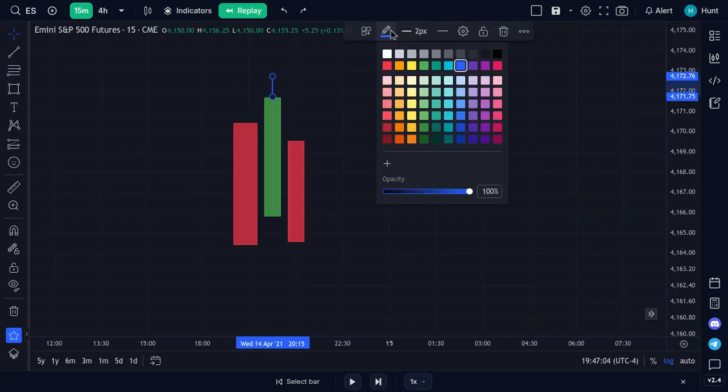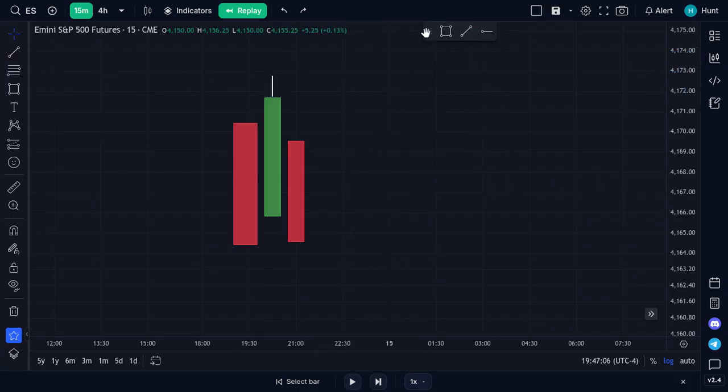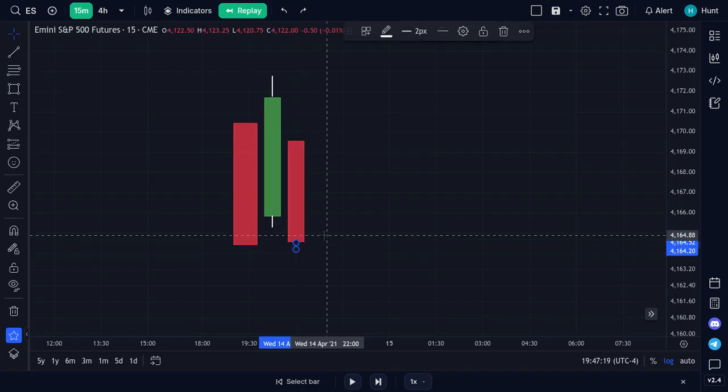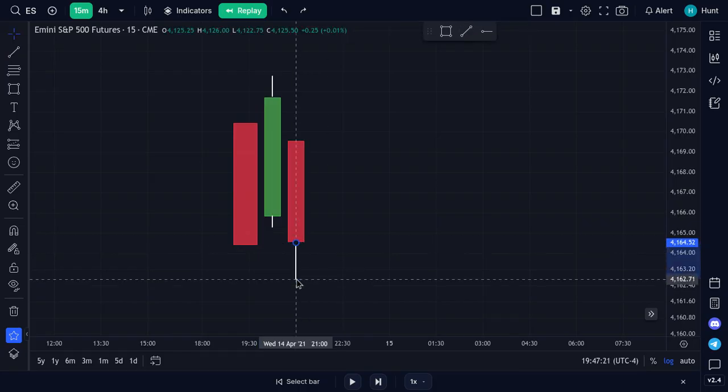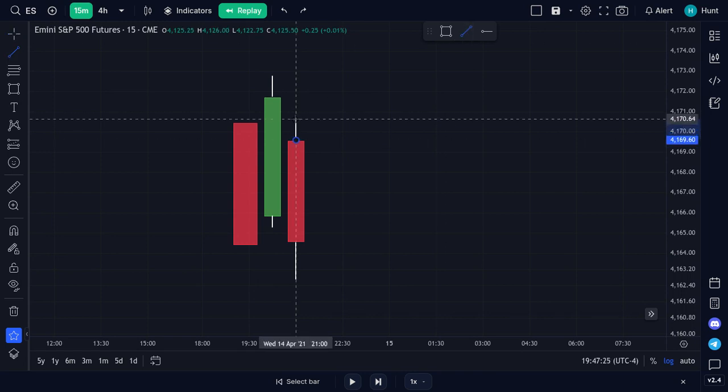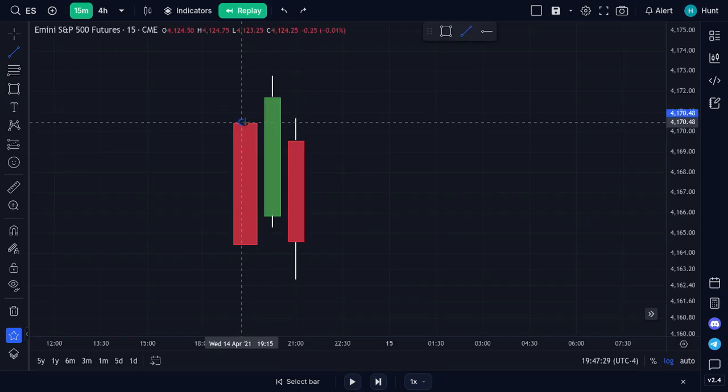So we'll draw the wicks of the candles. Not every candle has a wick, so just keep that in mind as well. Most of them do, some of them don't. And some of the wicks are totally different. Like the wick of this candle could be way longer, and I'll just show that to represent that the candlesticks can look vastly different.